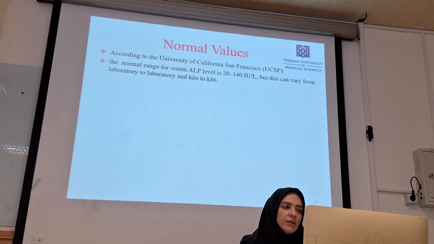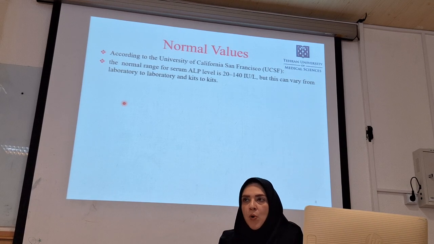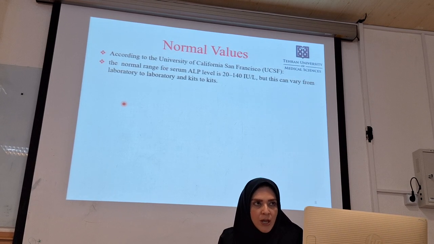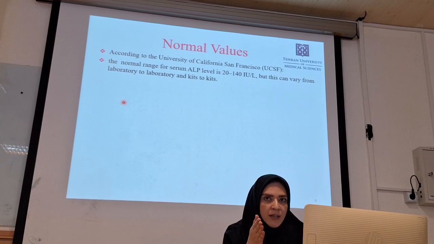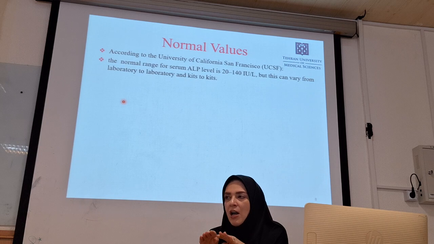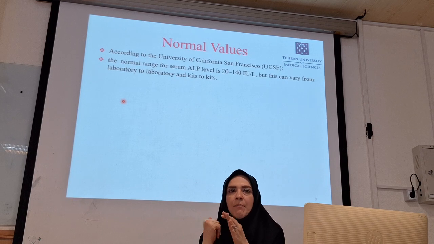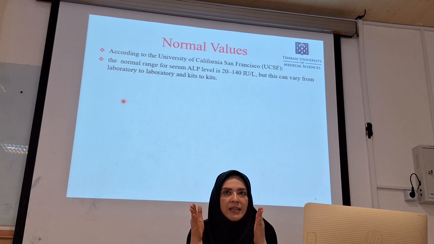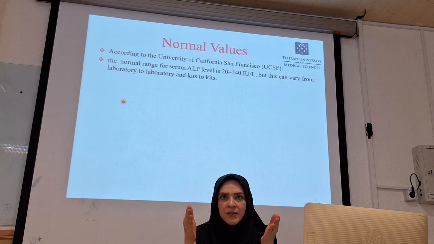About the normal range, again, you are not supposed to memorize the normal range because each factory generally has a normal range, but there is a little alteration between factories. For example, I bought kits. Do you know the meaning of kits?